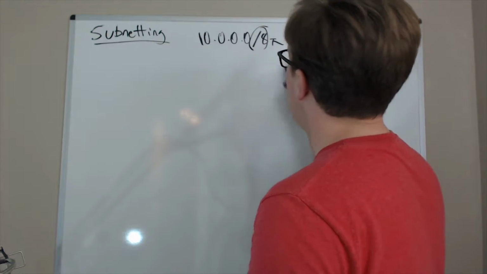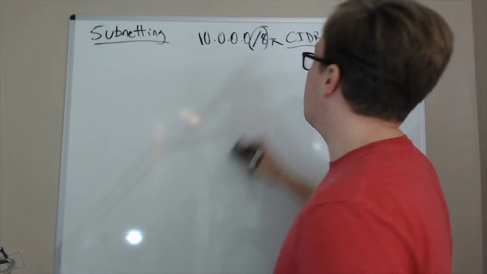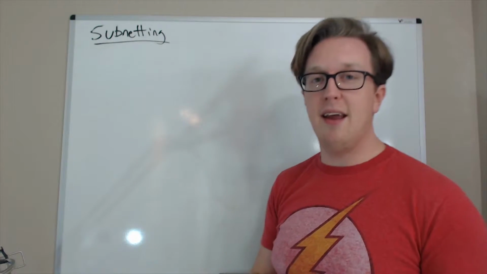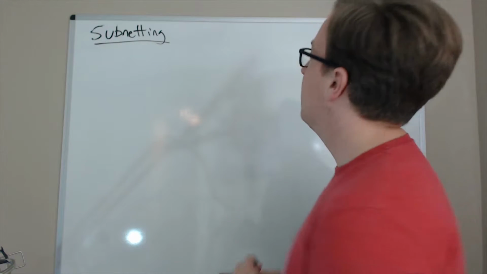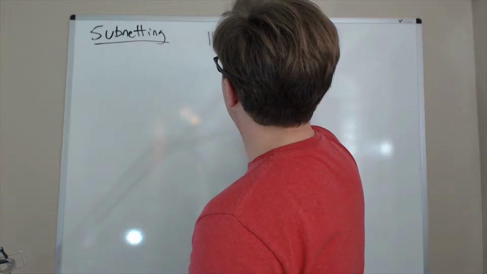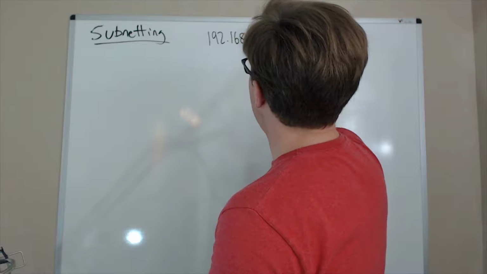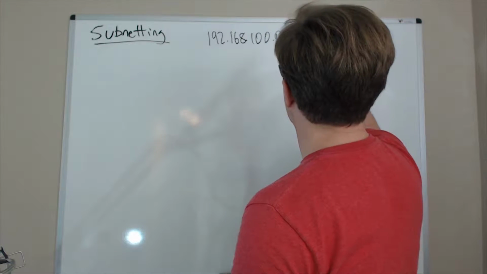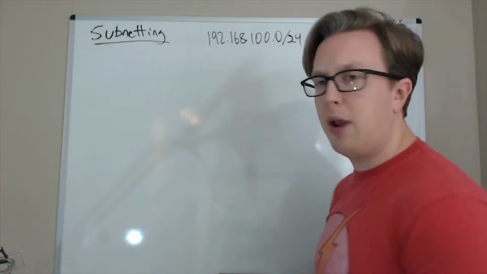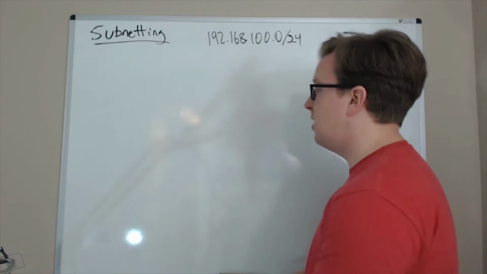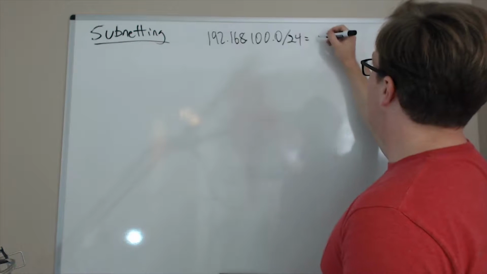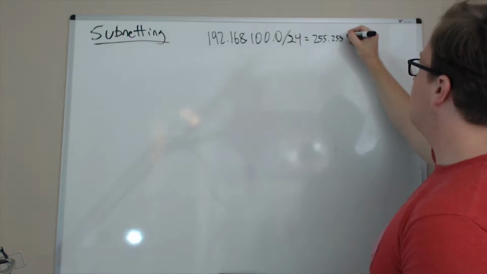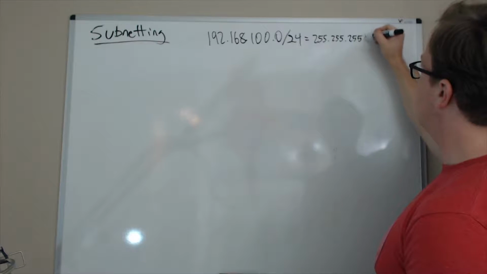So we're actually going to be working with a little bit of an easier network than this. We're going to start off with a nice easy /24. So we're going to do 192.168.100.0/24. Now again, what is a /24 in CIDR notation? /24 is equal to 255.255.255.0.